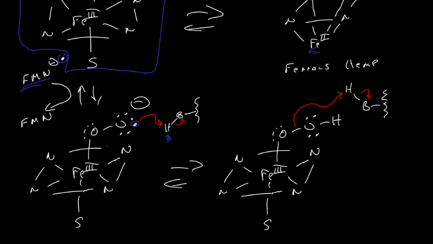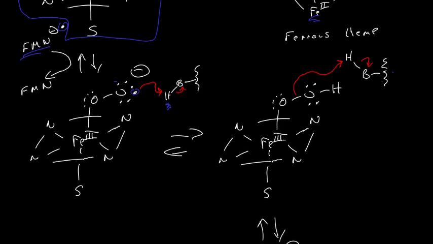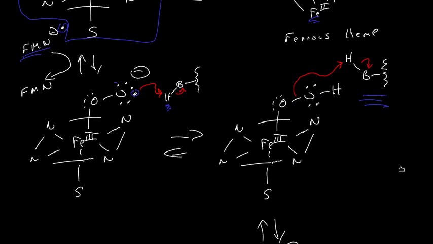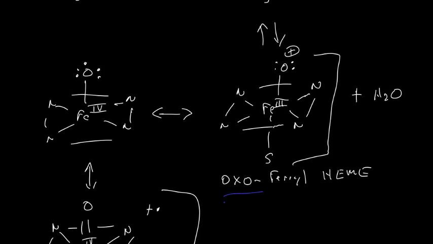So that protonates it, and we make the peroxo HEME intermediate. And then, another acidic residue reacts with this peroxo intermediate and forms this final oxoferryl HEME species.